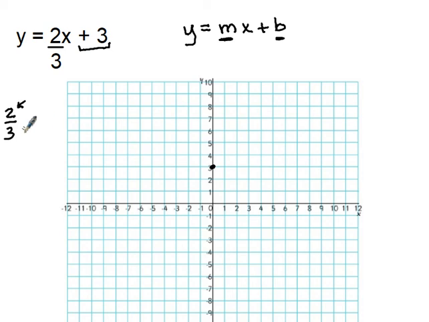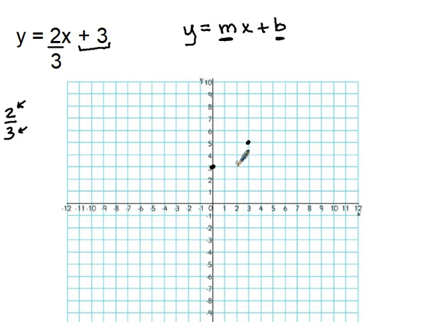Then the 3 determines the left or the right movement. Since we have a positive 3, we'll be moving to the right 3 units. So from our starting point right here, we are going to go up 2 units and over 3 units.